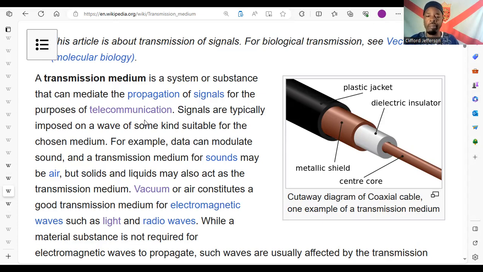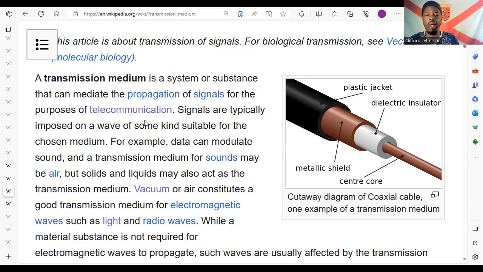For example, data can modulate sound, and the transmission medium for sound may be air as well. But solids and liquids may also act as a transmission medium. So whatever form you assume you're in, whether it's solid, liquid, gas, or air, is not the same form as the transmission medium for what we call ether. It's not the same. We must understand that.